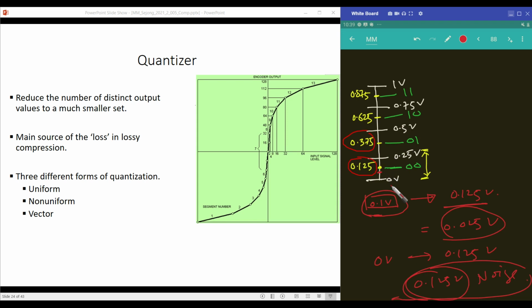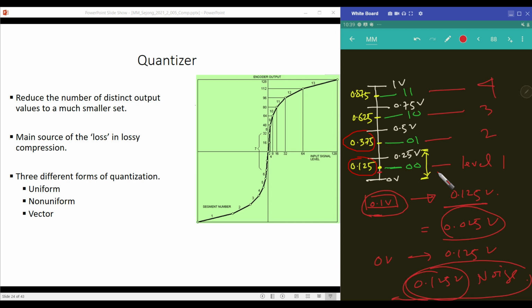Quantizing means we are providing a very specific number of levels. That is called quantization. This is quantization level 1, level 2, level 3, level 4. So these are 4 different quantization levels.